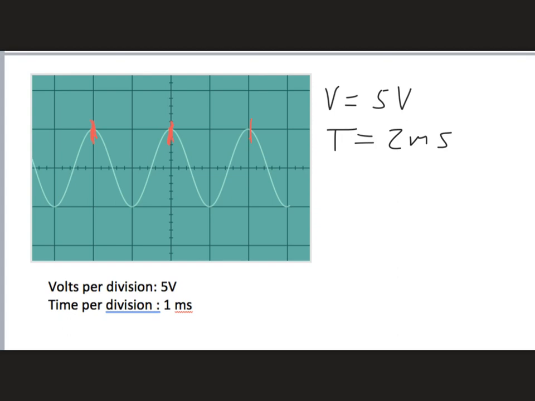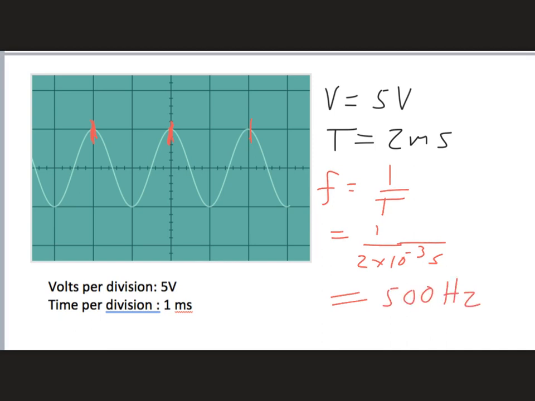And actually, not so much measure, but calculate that, because we know that the frequency is simply 1 over the period, and that's going to be 1 divided by 2 times 10 to the minus 3 seconds, and that works out to be 500 hertz. And so the frequency of that signal would be 500 cycles per second, or simply 500 hertz.